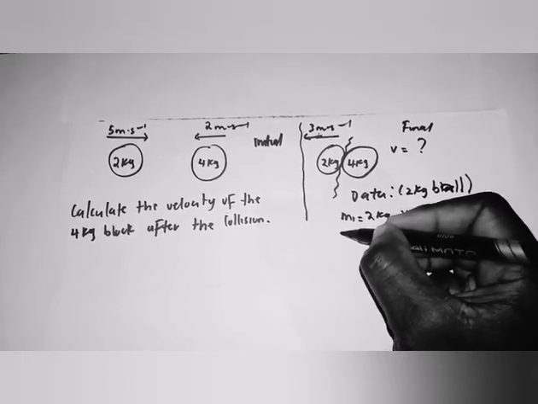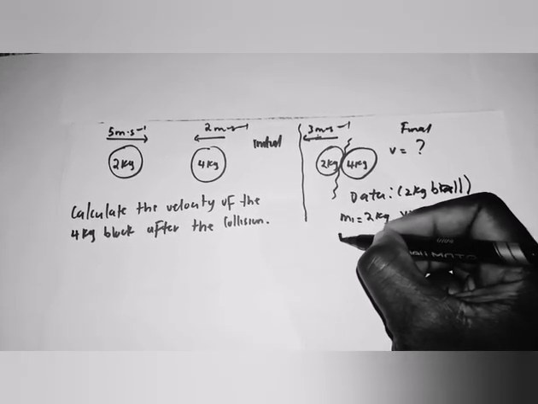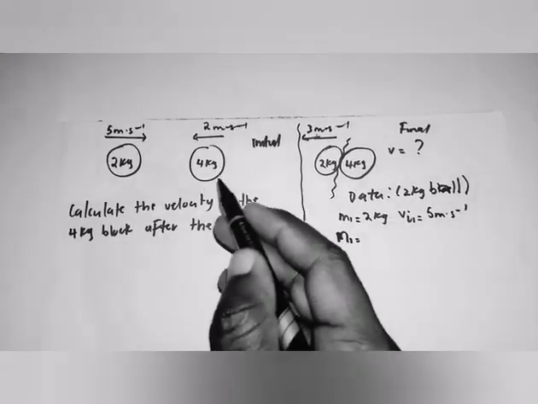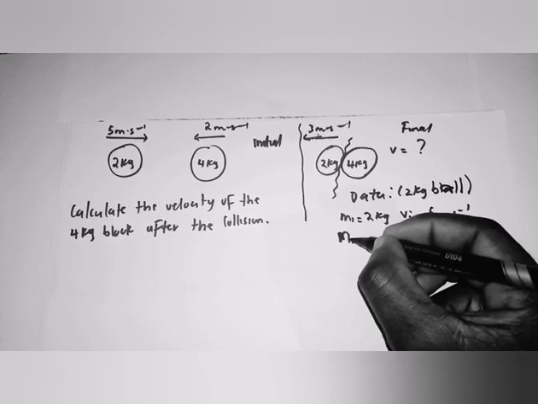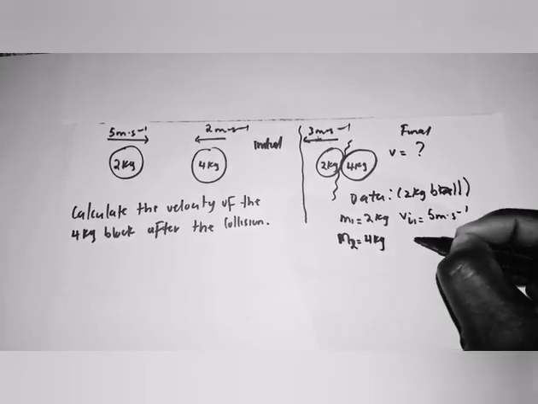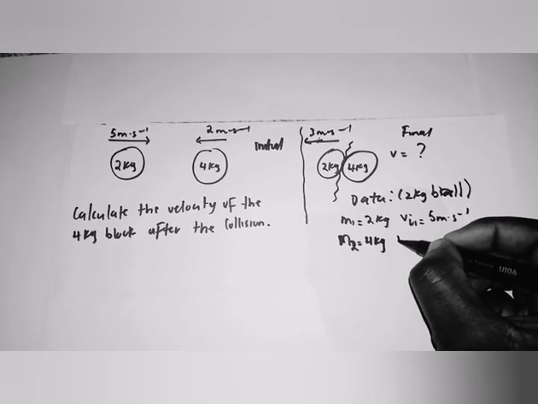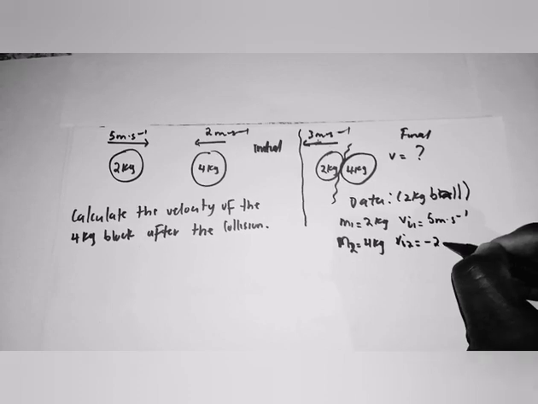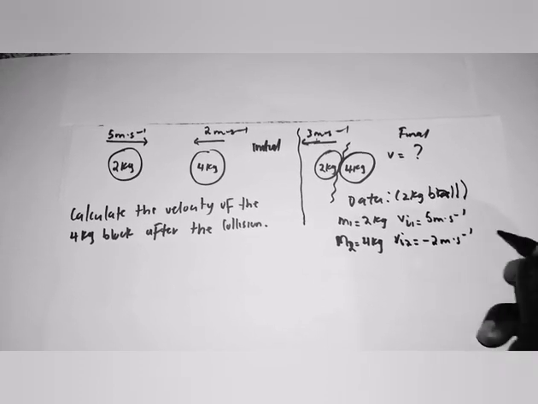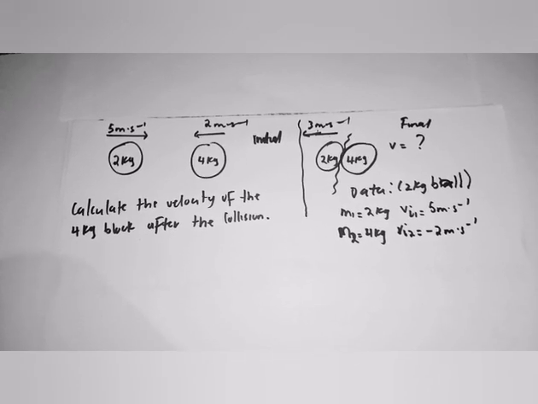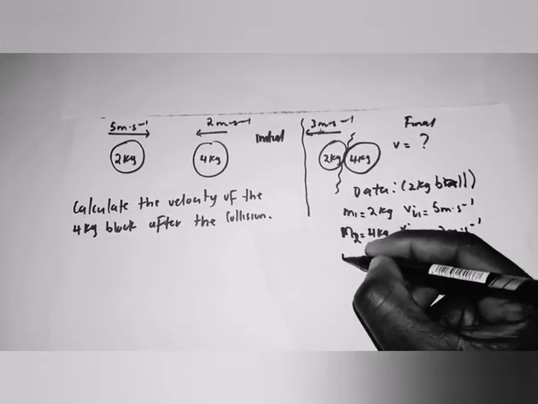Therefore the other mass, which is m2, the 4 kg ball or object, vi2 equal to negative 2 meters per second. Why? Because it is moving to the left, so take direction into consideration.